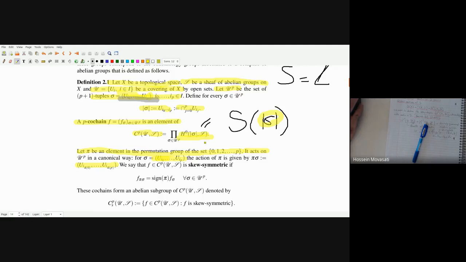You see that at the top we are using sections of S over the support.